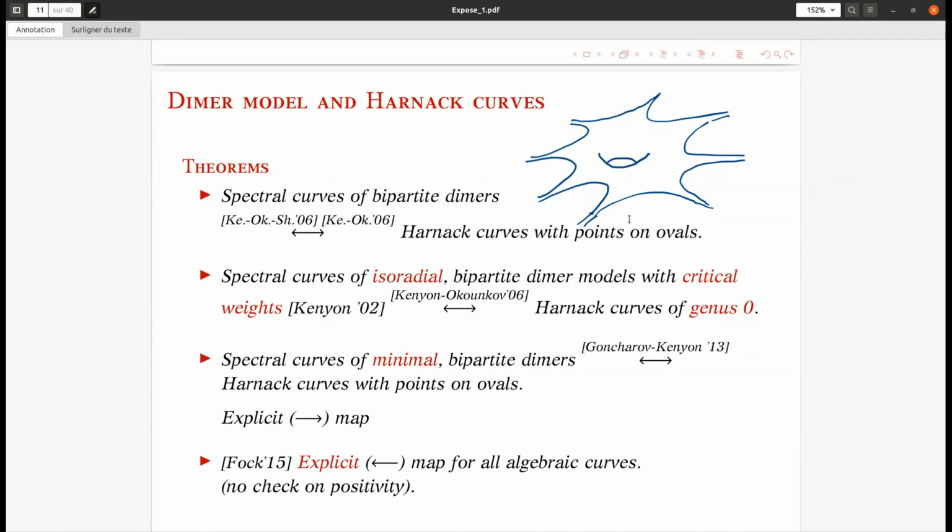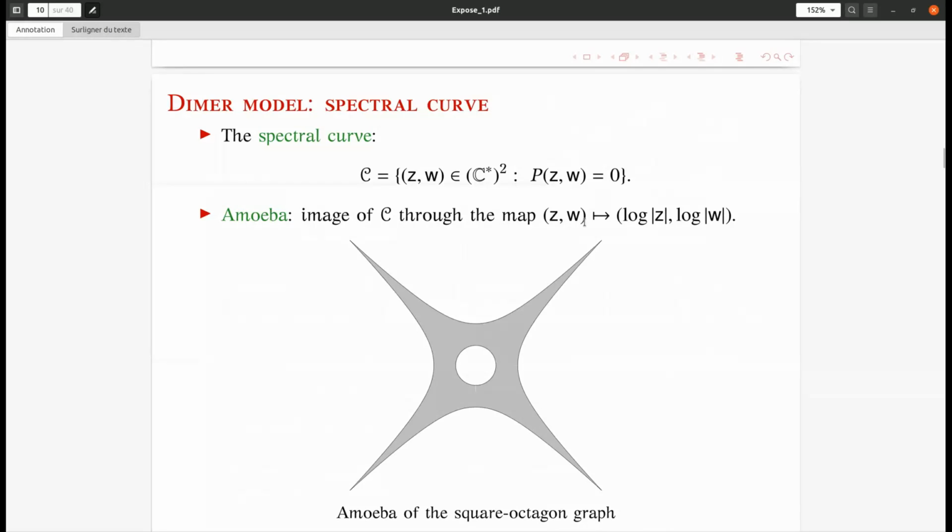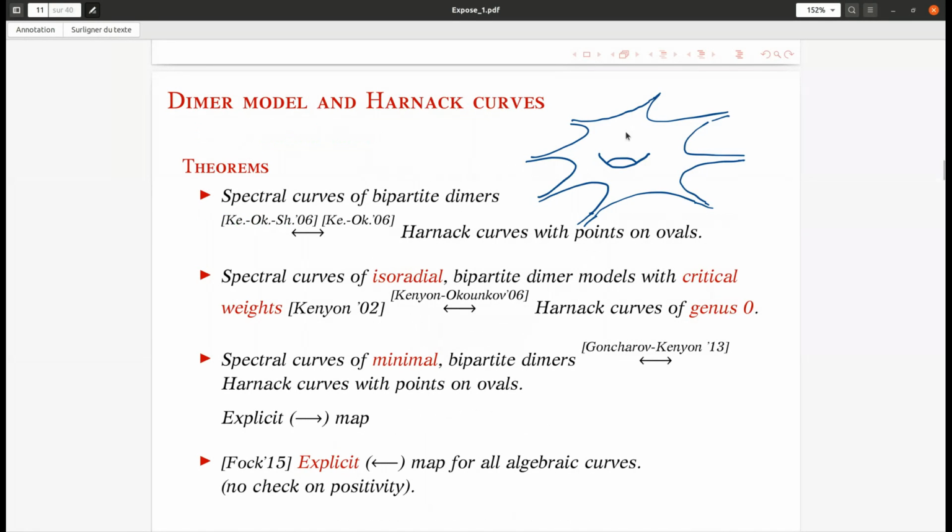Okay, so if we go back to this amoeba, it means that if you look at the curve above, for each point here, you have exactly 2 points on your curve, except at singularities. So it gives you a flavor of a Harnack curve being quite regular. It's like a doubled amoeba that lives in C2.